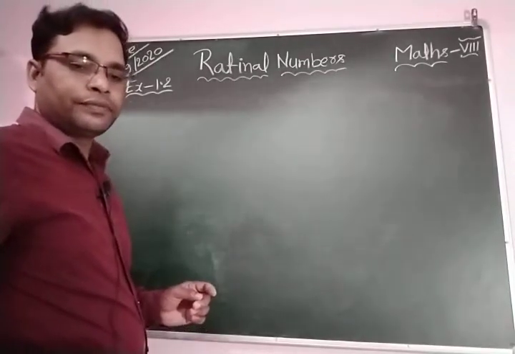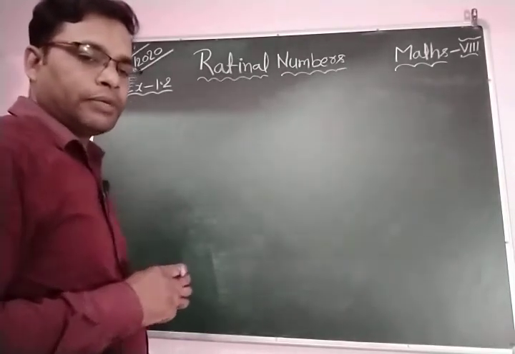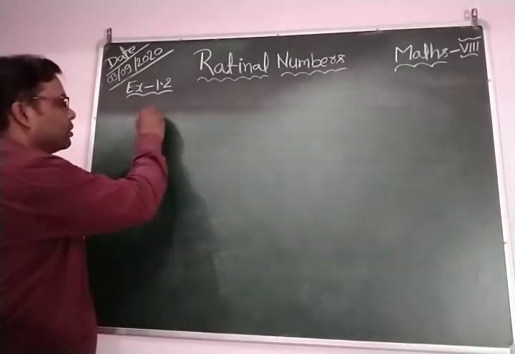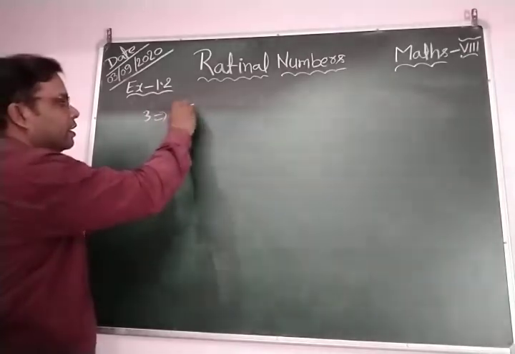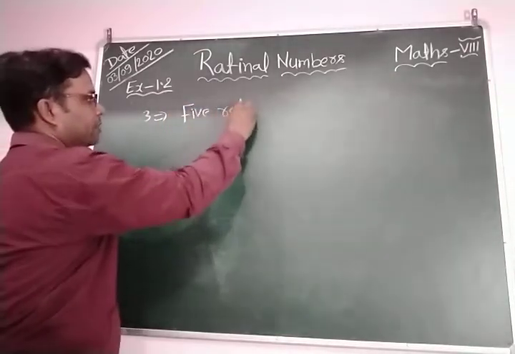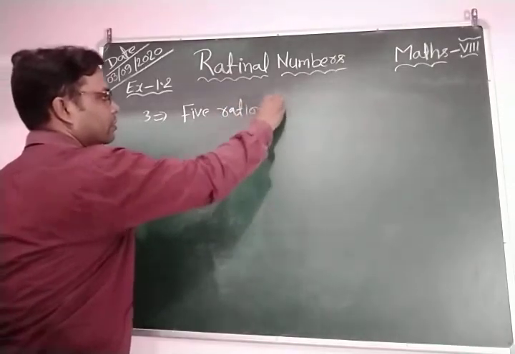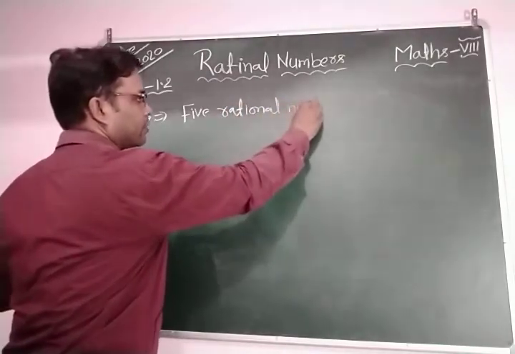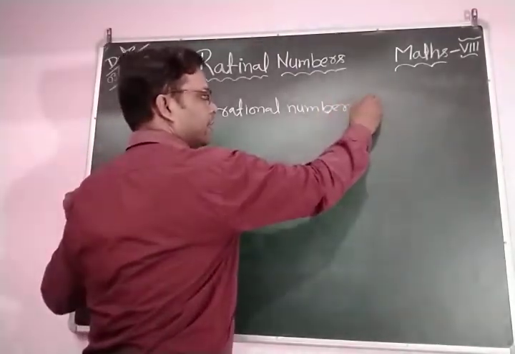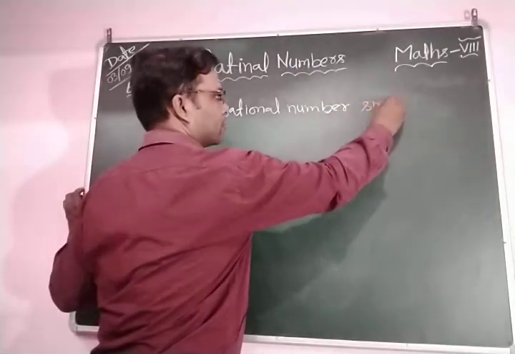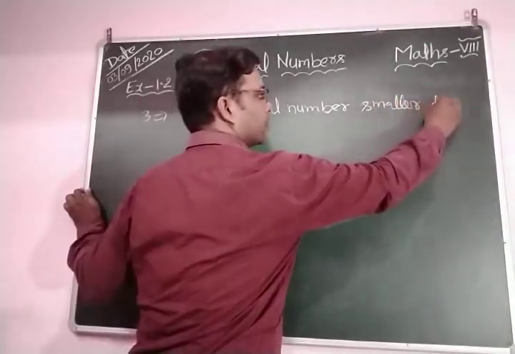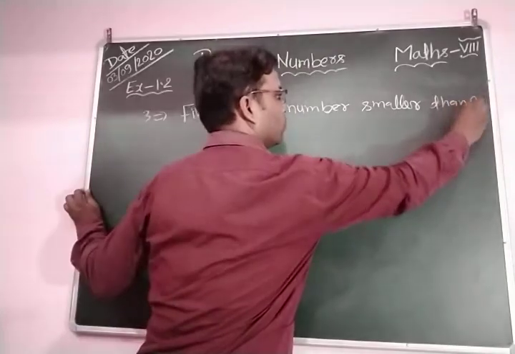This is question number 3. We need to find 5 rational numbers smaller than 2.